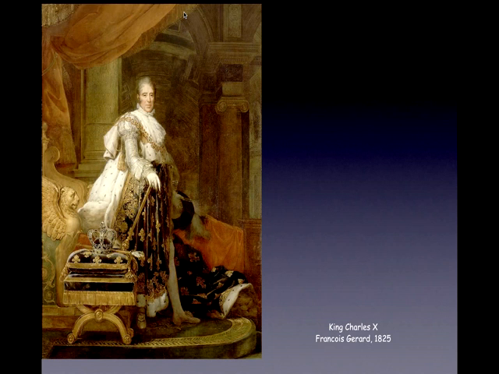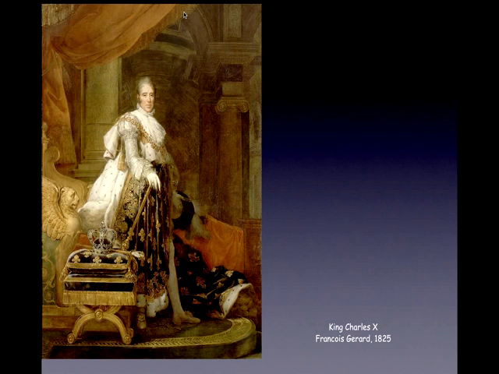A-N-C-I-E-N, and another word, R-E-G-I-M-E, ancien régime. In other words, there were those now in the first quarter of the 19th century who thought that France could be returned to the traditions of the 18th century.